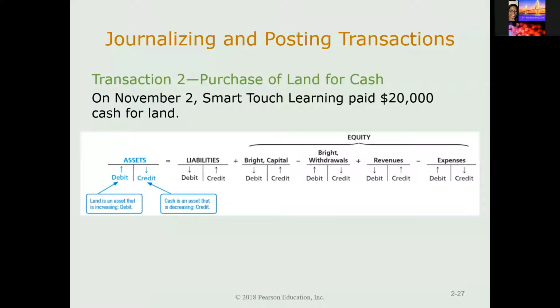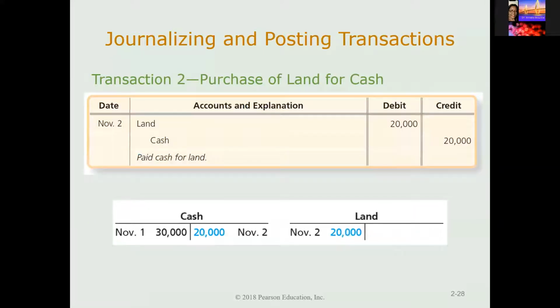There's another way to show the two accounts, where you have the cash and then you have the land. So this transaction is recorded in the journal, which is step 3. Step 4, the journal entry is posted to the ledger.